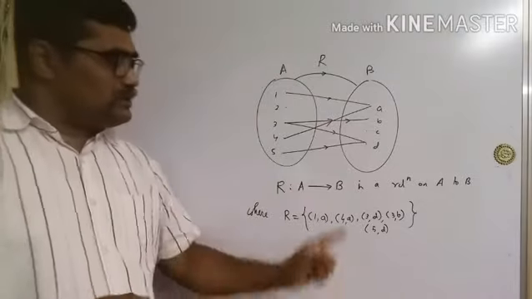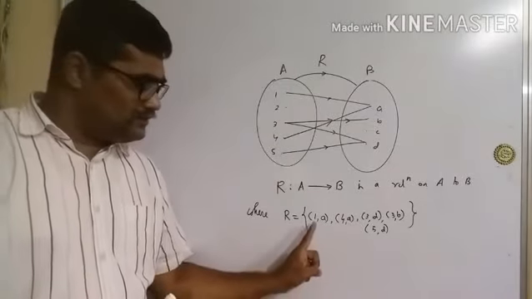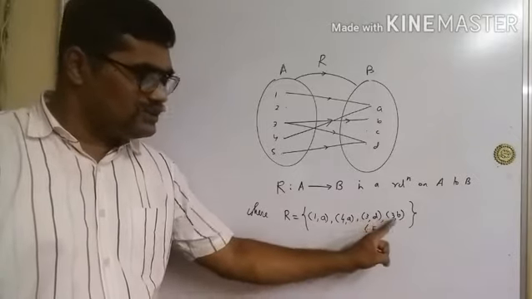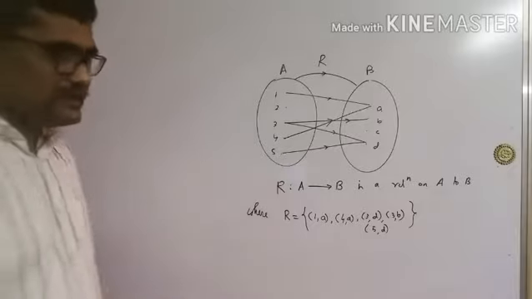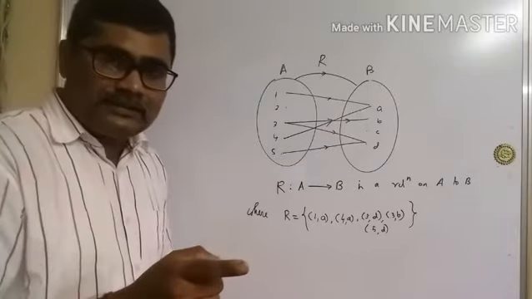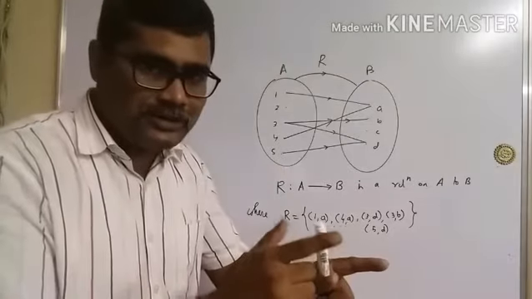Now once I write the relation like this, the first place elements of these ordered pairs are constituting a set which we call the domain of the relation.